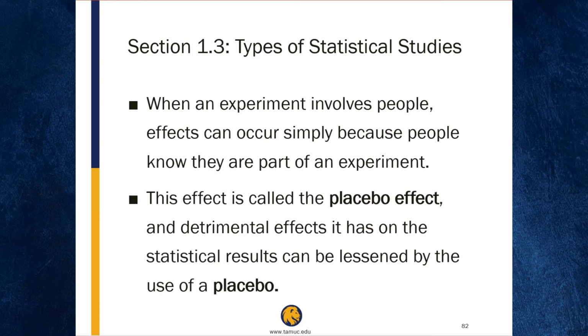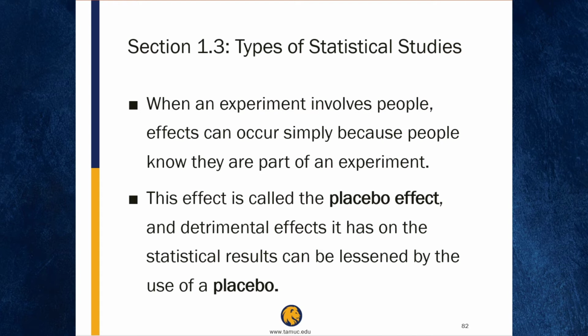So when an experiment involves people, more effects can occur simply because people know they're part of an experiment. This effect is called a placebo effect, and the detrimental effects of it on the statistical results can be lessened by the use of a placebo.